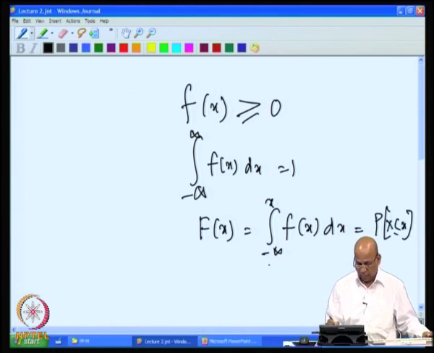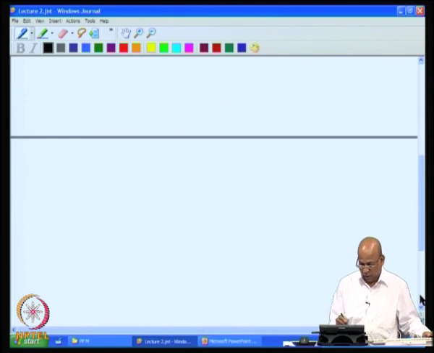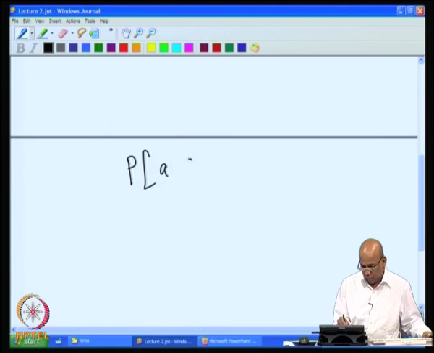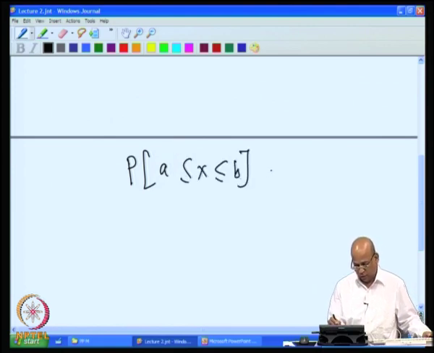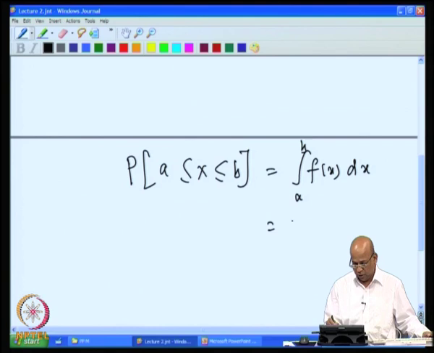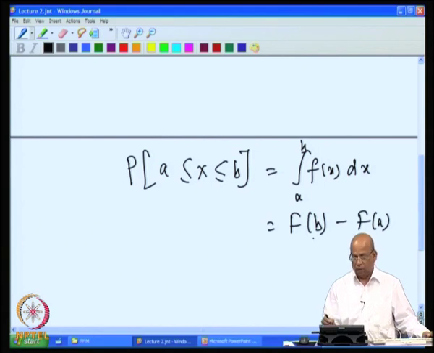From this we introduce the concept that the probability that x takes on any value between the given values of a and b is simply given by the integral from a to b of f of x dx, which from the definition of CDF turns out to be F of b minus F of a, which is the CDF value at the point b minus the CDF value at the point a.